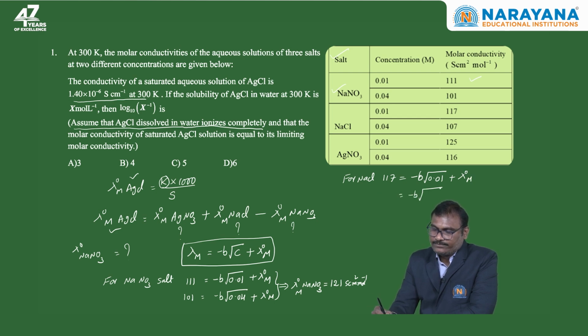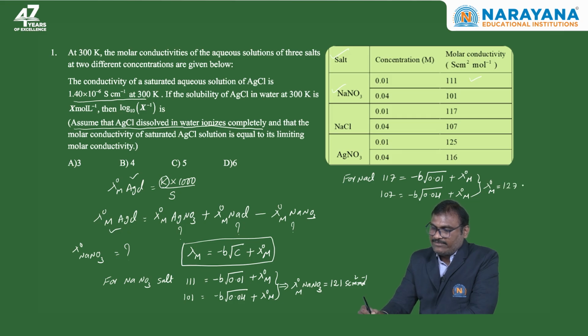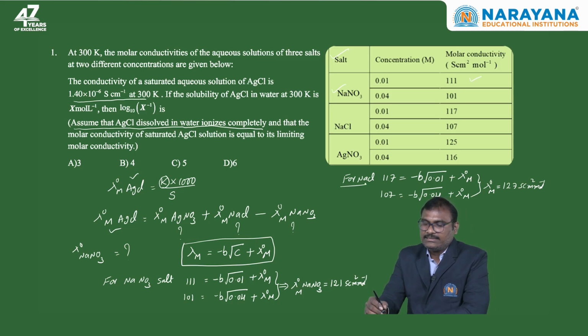At 0.04 the molar conductance is 107. From these two, just by subtracting the values, we get lambda naught m as 127 Siemens centimeter square mole inverse for NaCl, because the values are given in Siemens centimeter square mole inverse. This is for the salt NaCl.